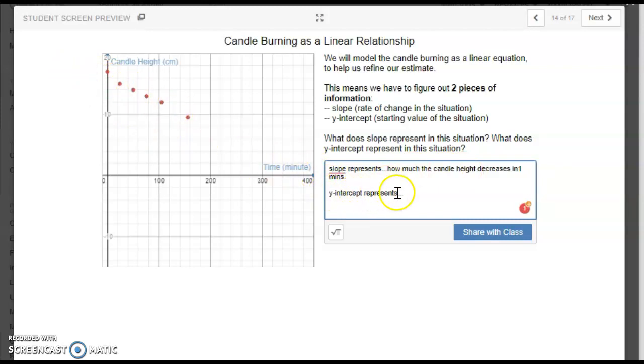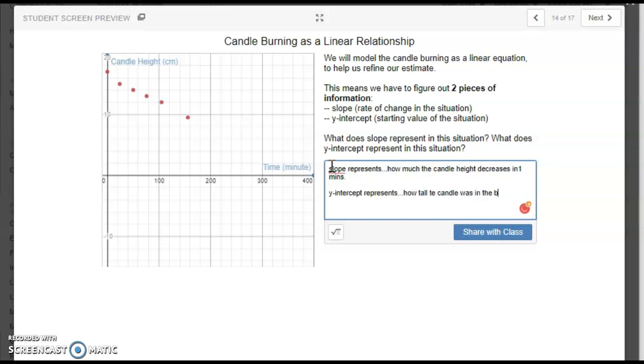And what does the y-intercept represent? What does this point represent? At time 0, how tall was the candle? It was 17 centimeters. Okay, so how tall the candle was in the beginning.